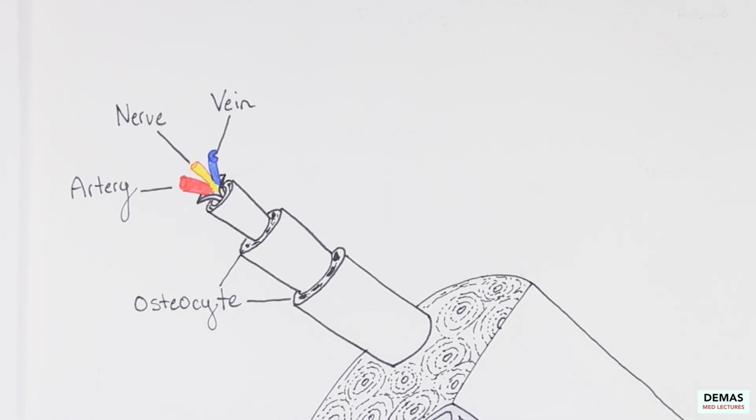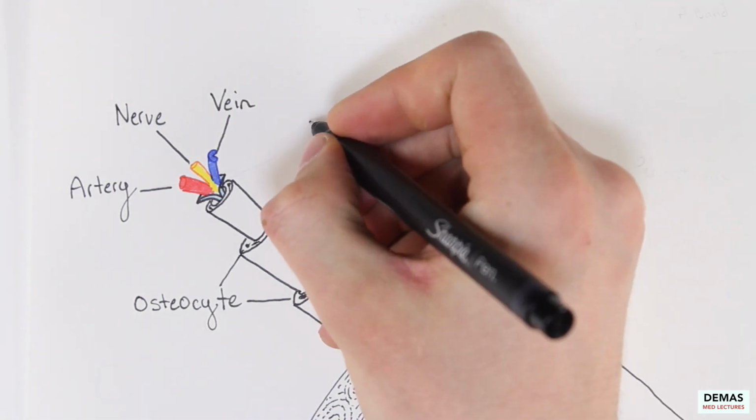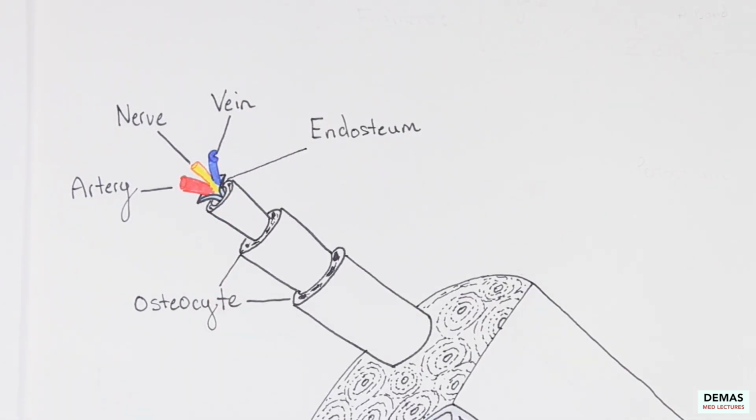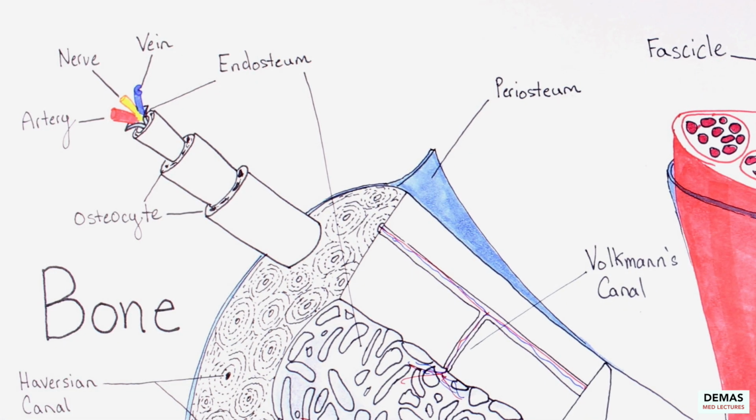Before we move on, let us not forget the connective tissue layers associated with bone. First, there is a connective tissue layer lining the medullary cavity and within the Haversian canal, known as endosteum. Also, there is a layer of connective tissue on the outside of bone, known as periosteum, which forms the outermost perimeter of the bone.